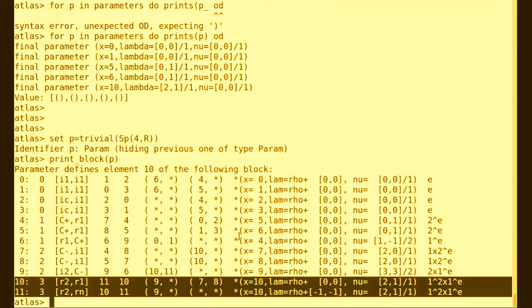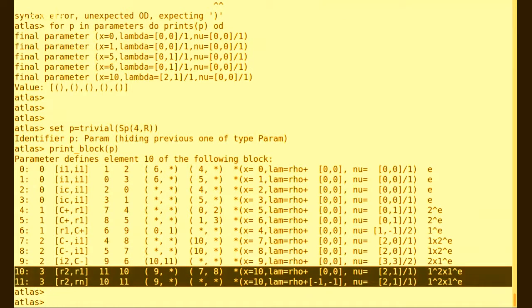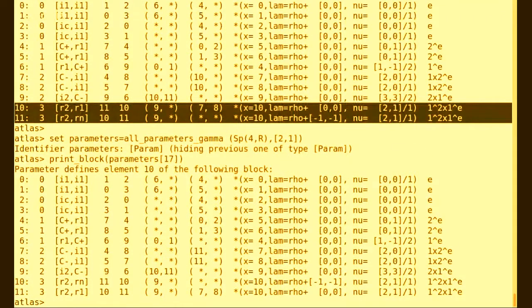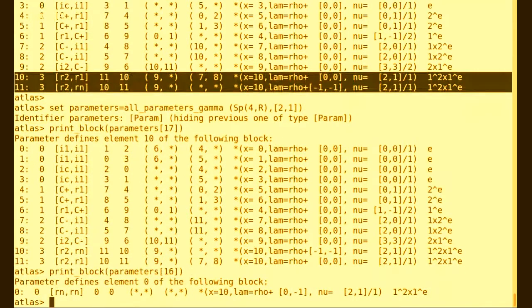So where are the missing ones? Let's set parameters equal to all parameters by gamma of SP4 at rho, excuse me, 1. And let's print the block of the last guy in this list. That's the trivial representation. But that's interesting.